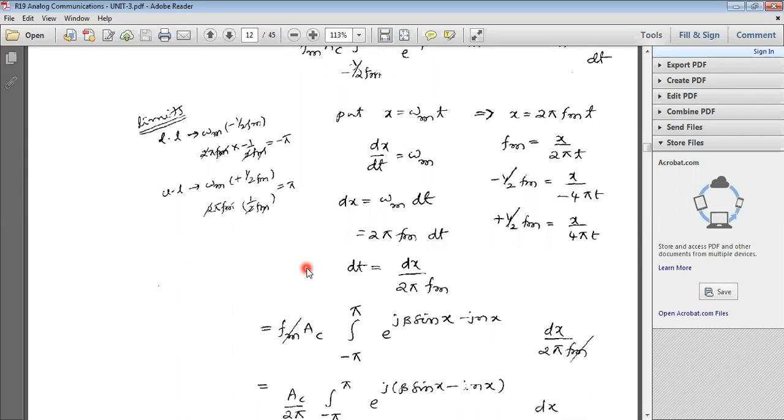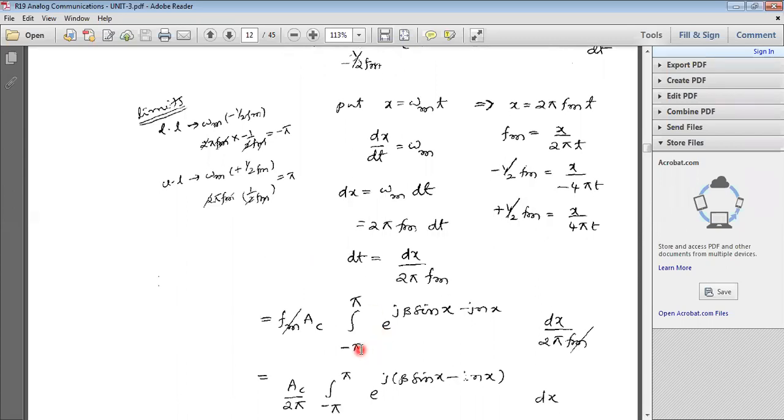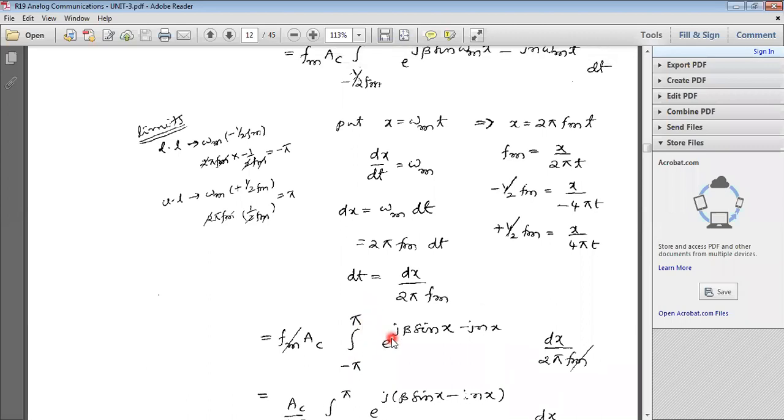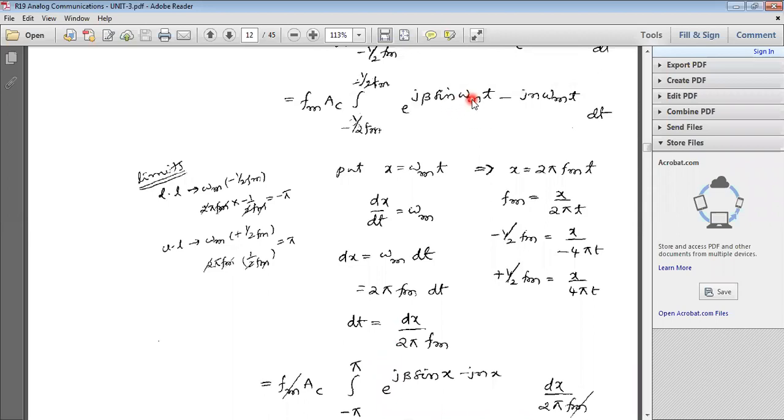Then it becomes fm Ac into the integral from minus pi to pi of e power j beta sine omega mt, where omega mt is x, so e power j beta sine x minus jn into x, and in place of dt you substitute dx by 2 pi fm.